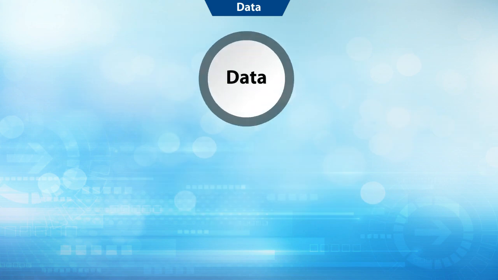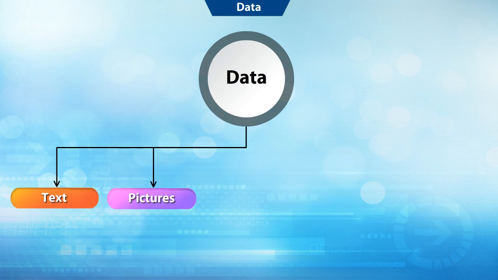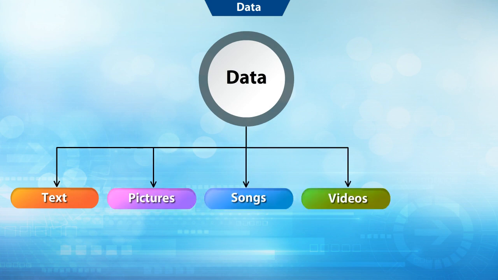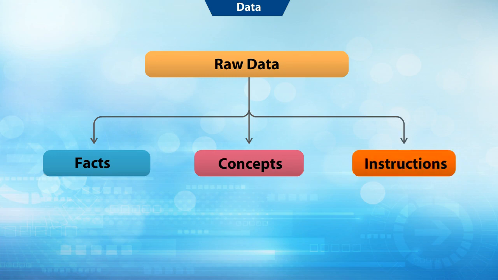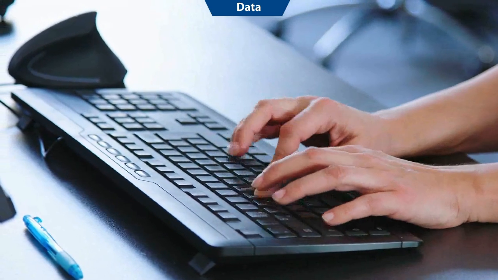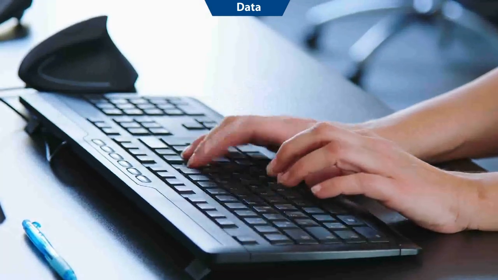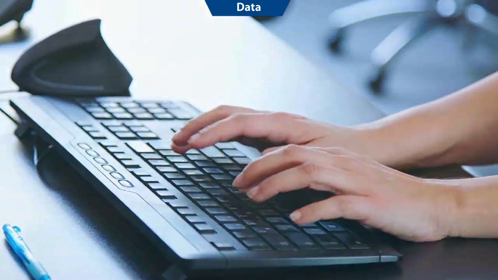Any of these may be input as data into the computer: text, pictures, songs, videos, documents, and so on. This data or raw data is in the form of facts, concepts, instructions, etc. Most of the data is input in the form of instructions from the keyboard.